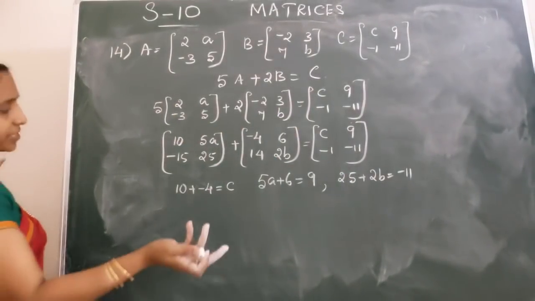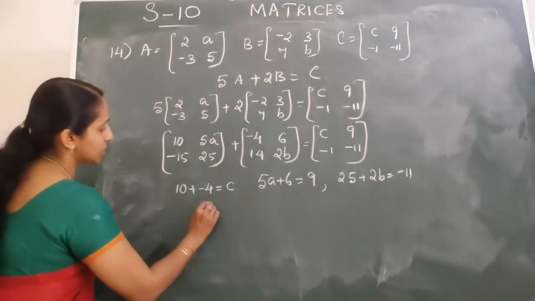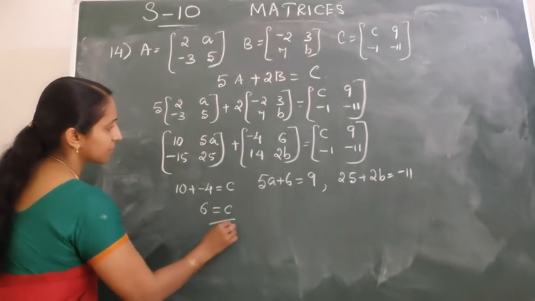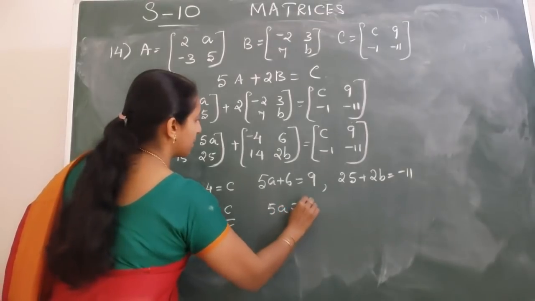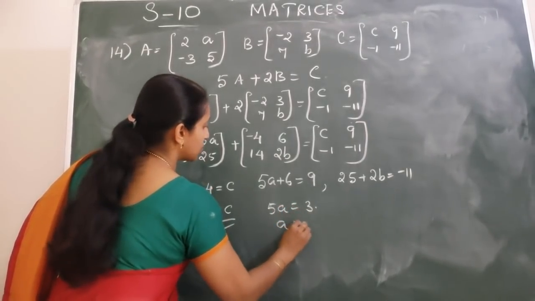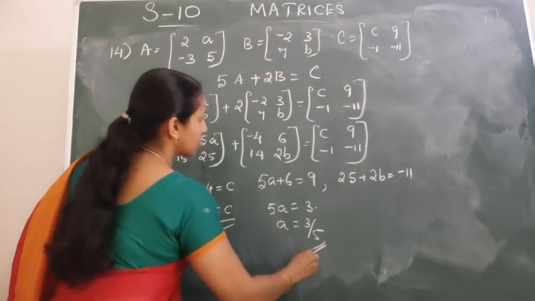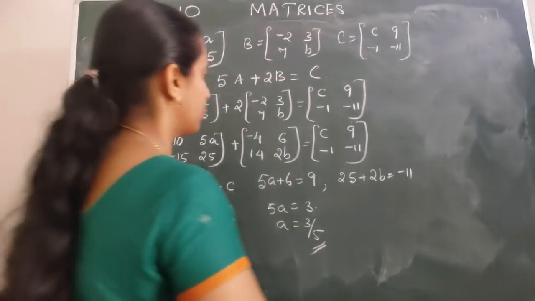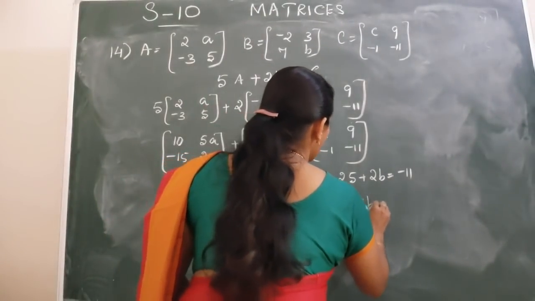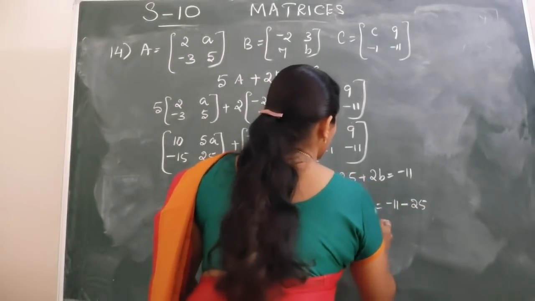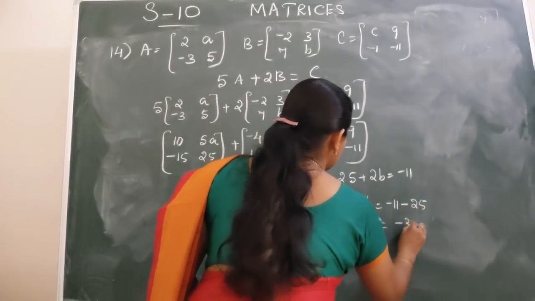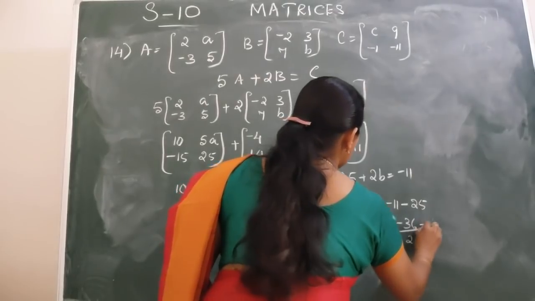Find the values. C will be equal to 6. 5A equal to 3, so A will be equal to 3 upon 5. Similarly, 2B equal to, what will you get? 2B equal to minus 11 minus 25. So B will be equal to minus 36 upon 2, minus 18.